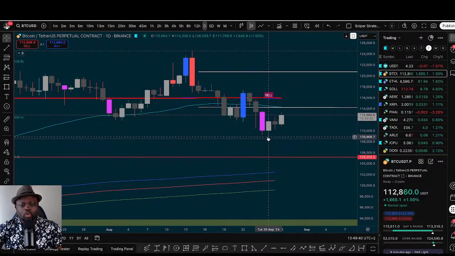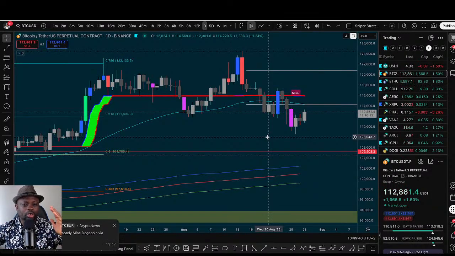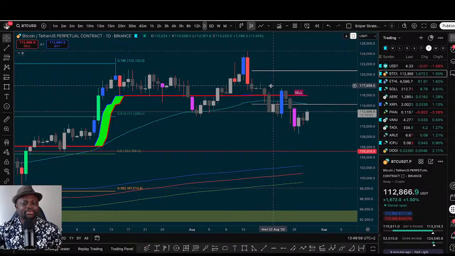Now, we have to also look at market structure, where we are with structure, before we place any long-term buy or long-term sell. So looking at this structure currently, I would say that Bitcoin breaks structure to the downside, you see?